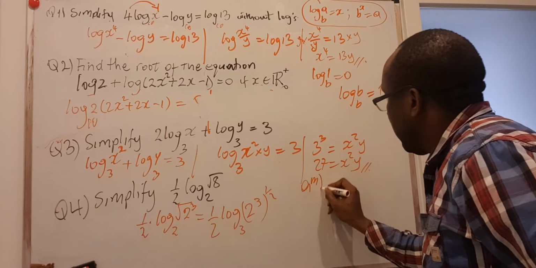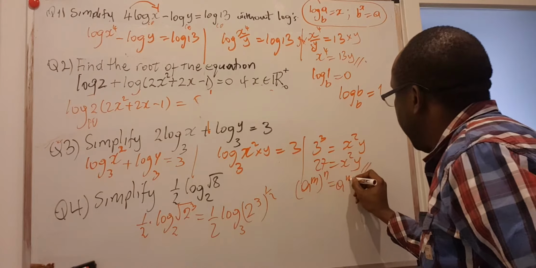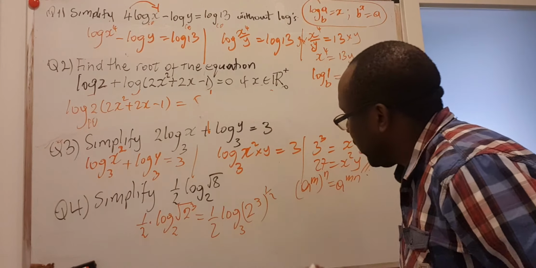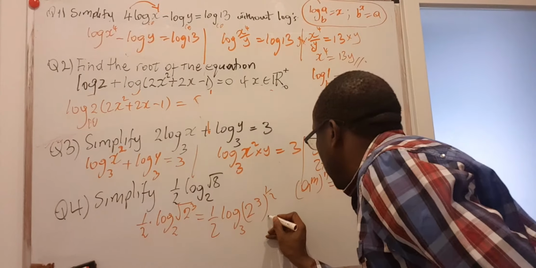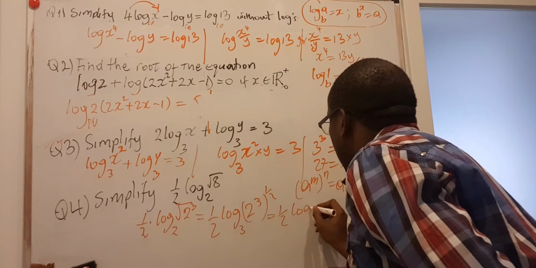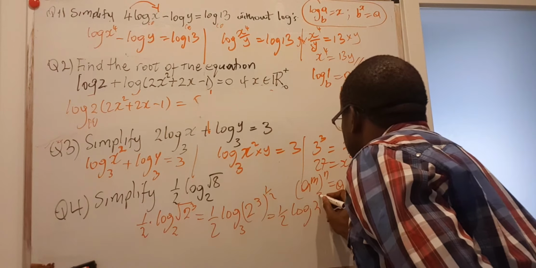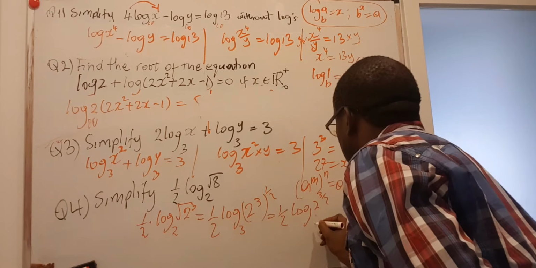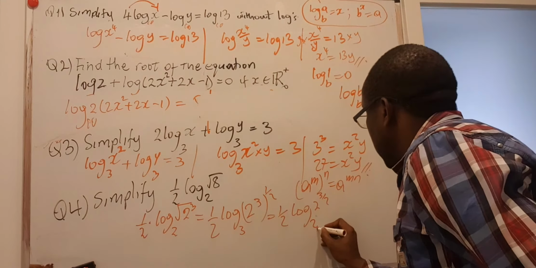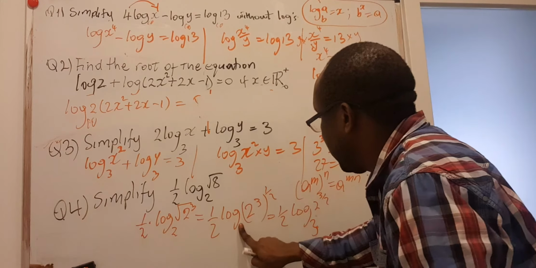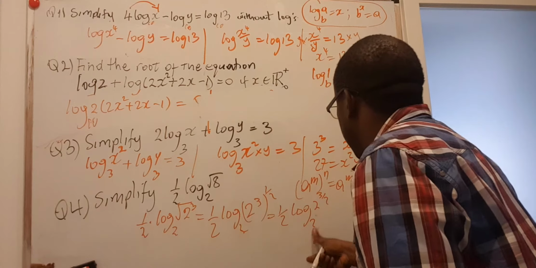A to the power m, all that to the power n is a to the mn. So I multiply these two. 3 times half is 3 on 2. So this is half log of 2 to the power 3 on 2 to the base 2. Excuse me, sorry, yeah, base 2.